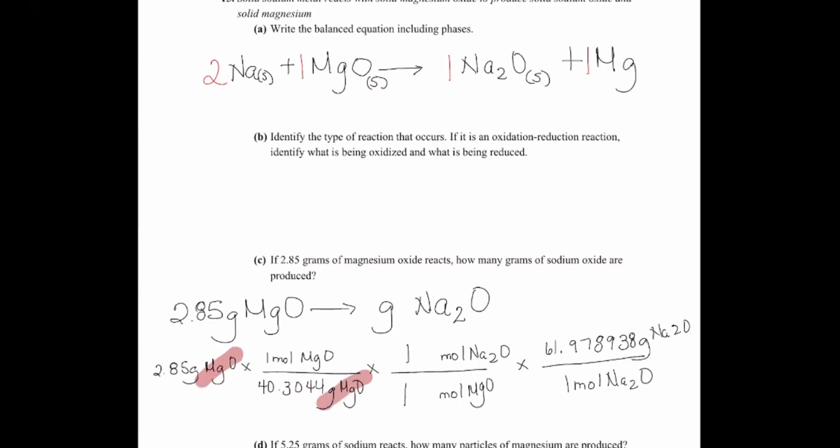Grams of magnesium oxide cancel with grams of magnesium oxide. Moles of magnesium oxide with moles of magnesium oxide, moles of sodium oxide with sodium oxide. So your final answer is going to be in grams of sodium oxide, which we will do as that times 2.85 divided by 40.3044.